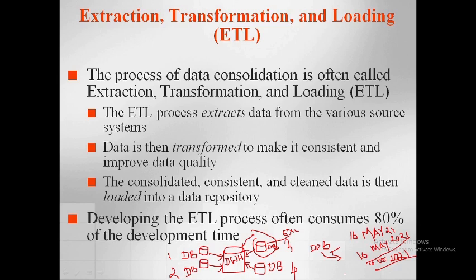Okay, we need to extract the data from the databases, then transformation. Why do we need transformation? Because different users are using different formats. We need to make it into a single format. So from different formats to a single format, we need to transform the data format.